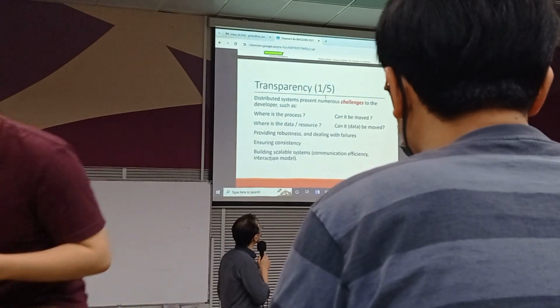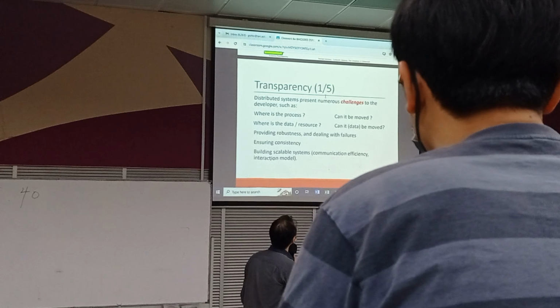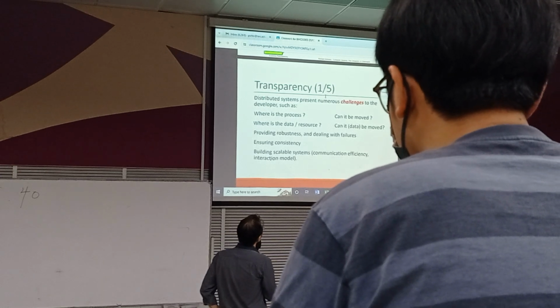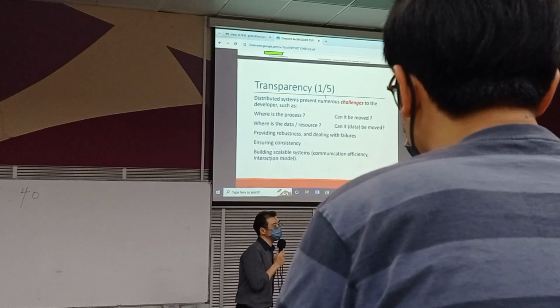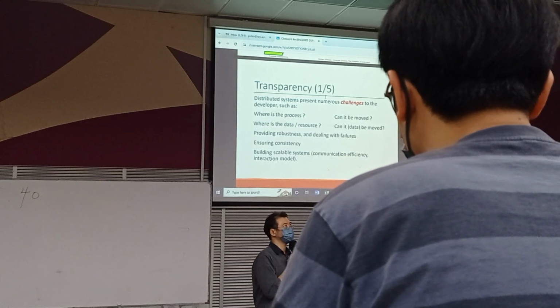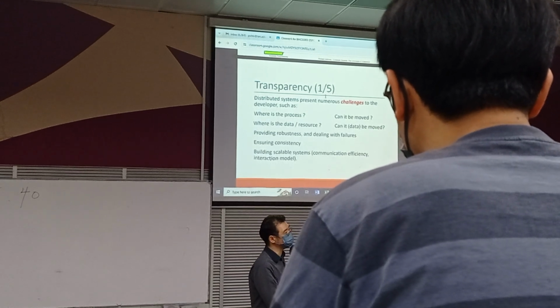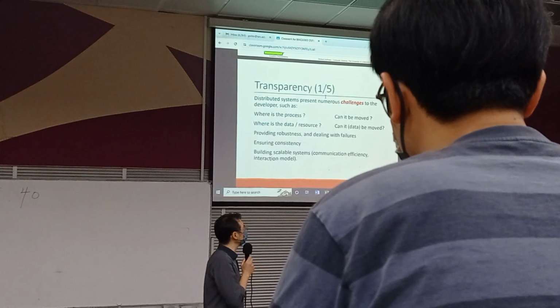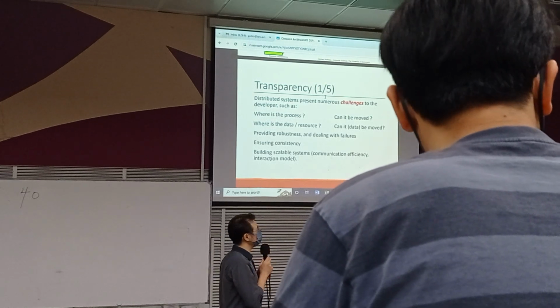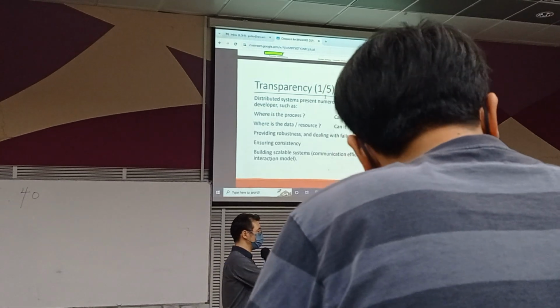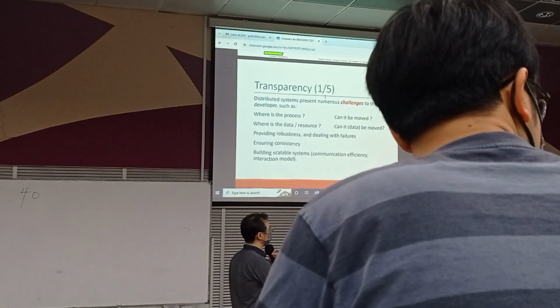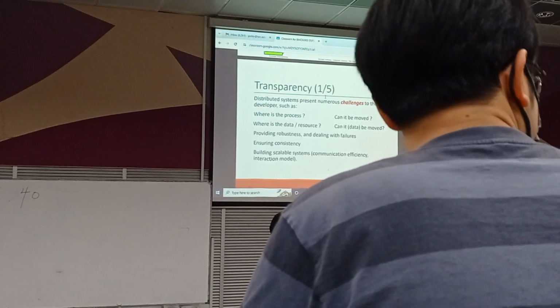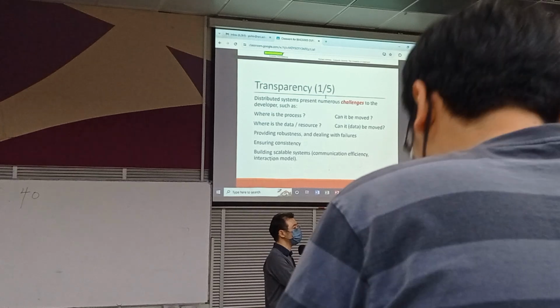Now, one of the big challenges of the distributed system is transparency. The transparency here doesn't mean the transparency that we always hear about in the politics world. Transparency here means, as a user, when I use it, it's transparent to me. For example, if I use the computer, I don't need to know where my program runs.